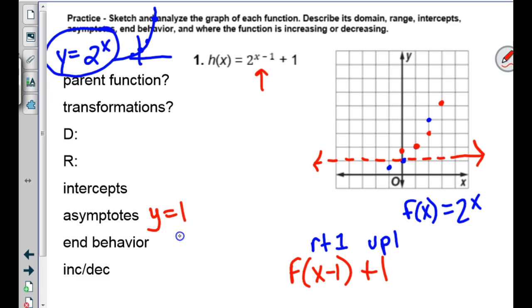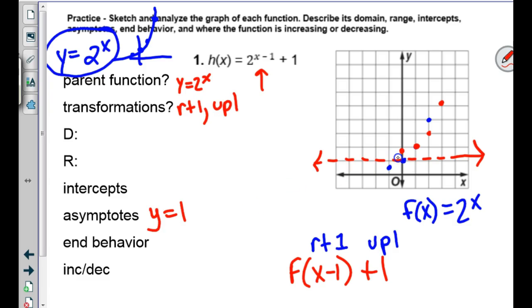Y equals 1 would be the equation of that line. Anyone awake? You don't have all this written down there, but it says it in the directions, okay? So the parent function is y equals 2 to the x. The transformations are right 1 and up 1.